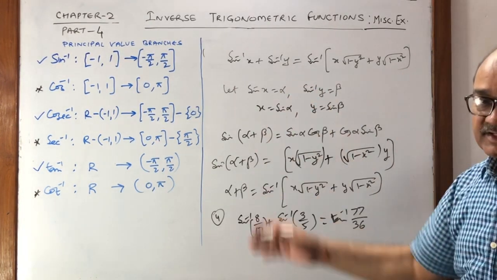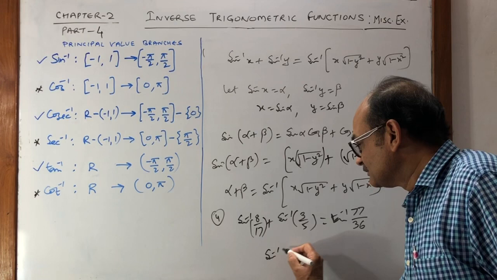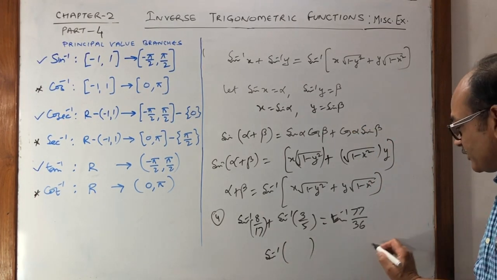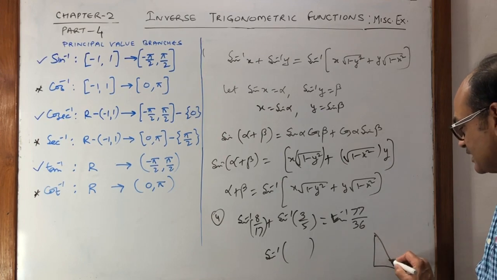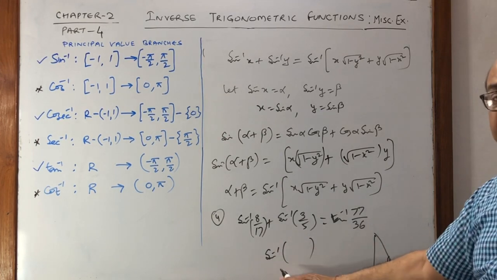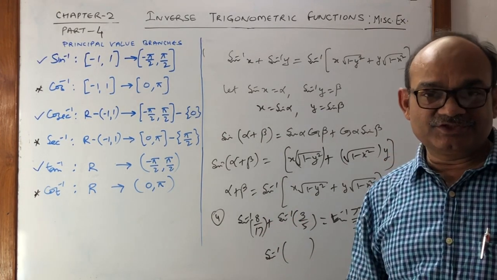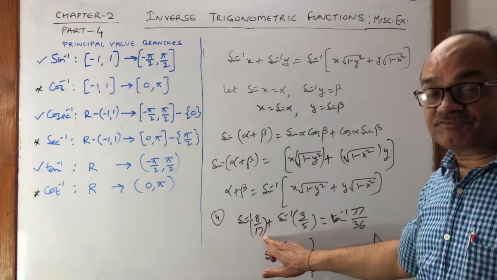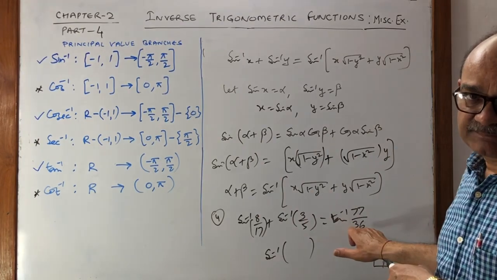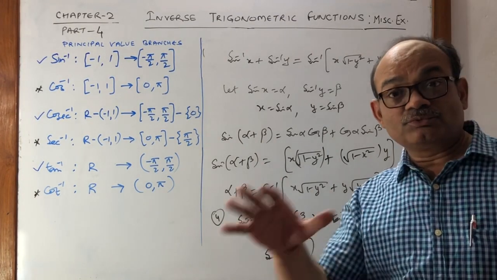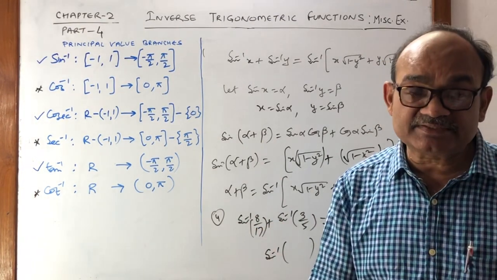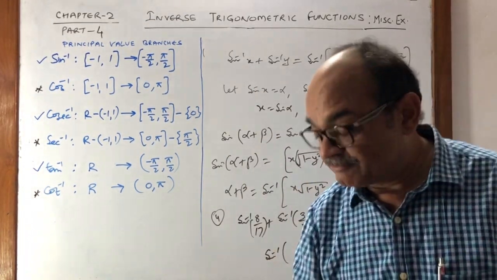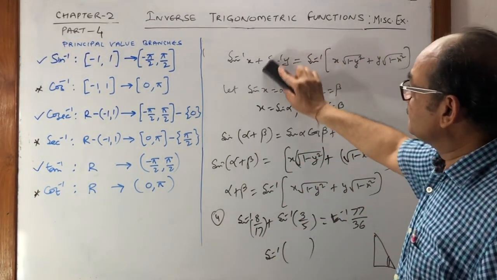We'll have the answer in terms of sin inverse, whatever that may be. This sin inverse we can convert into tan inverse by our last article, how to convert sin inverse into tan inverse. Another option is to solve by converting initially in terms of tan inverse, then you'll get tan inverse. But if somebody wants to solve only by using the sin inverse plus sin inverse formula, yes, you can.